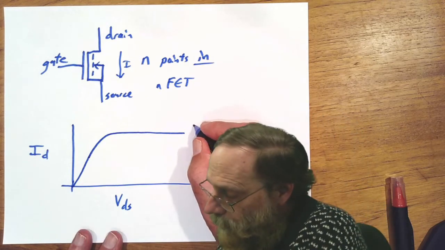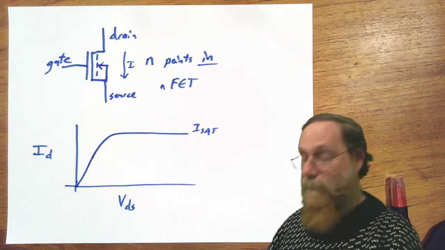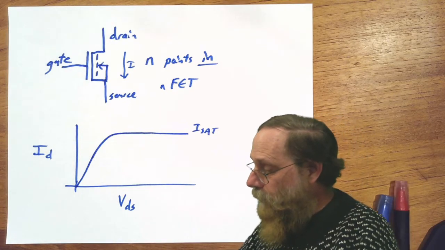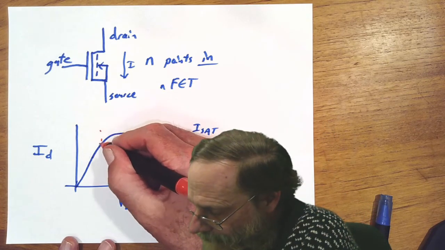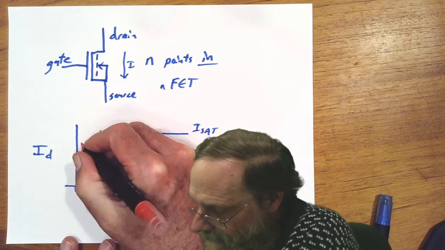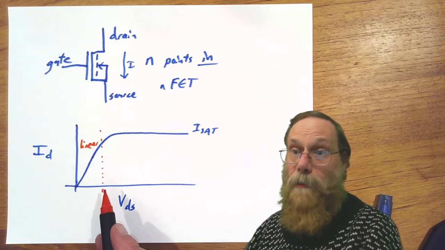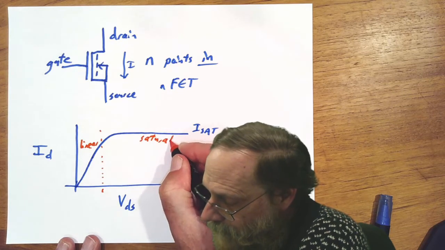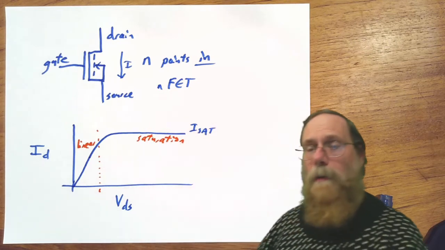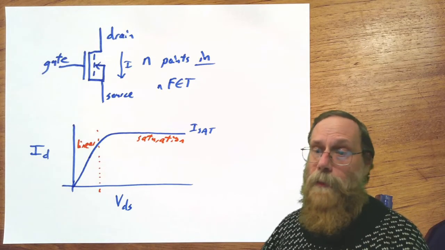This constant current up here is called the saturation current. And we generally talk about two regions of behavior: the linear region, where the current goes up linearly with the voltage, and the saturation region. Both regions have some use in designing with field effect transistors.